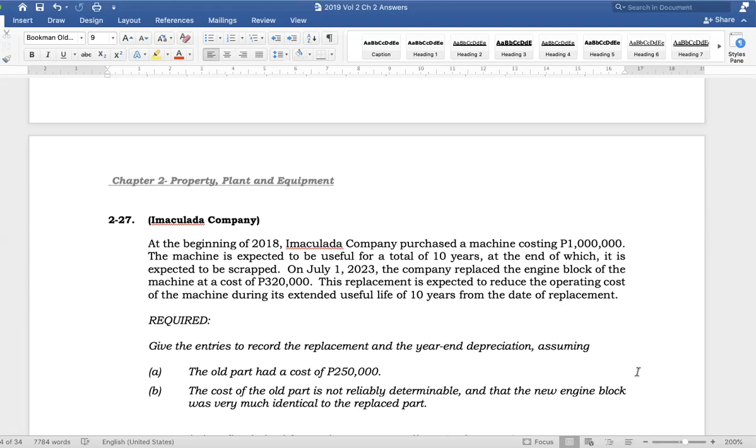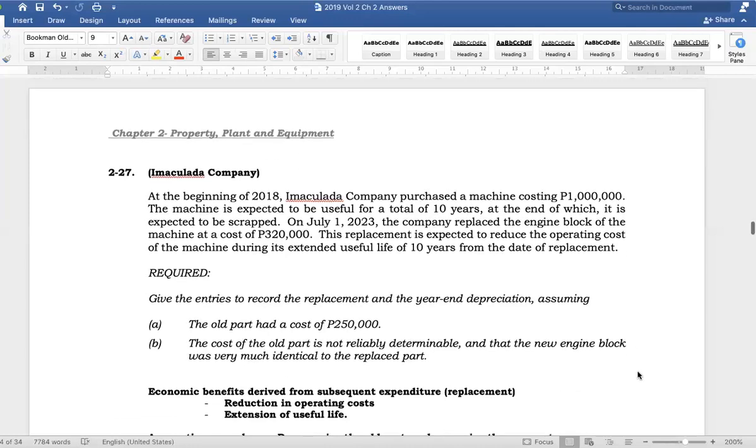As we have discussed previously, subsequent expenditures are generally expensed unless these subsequent expenditures provide economic benefits in excess of originally assessed standard of performance.